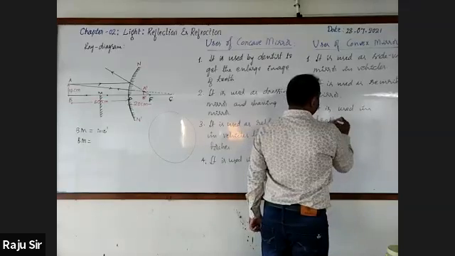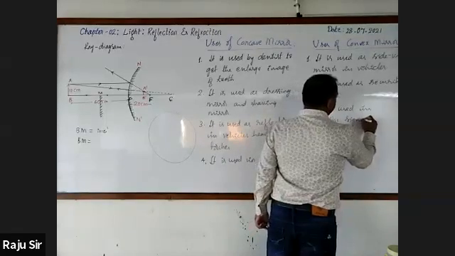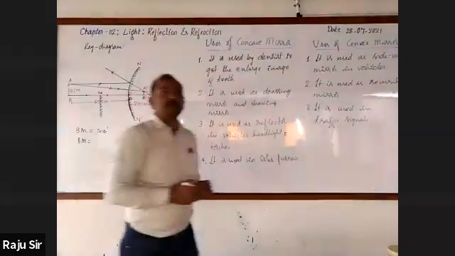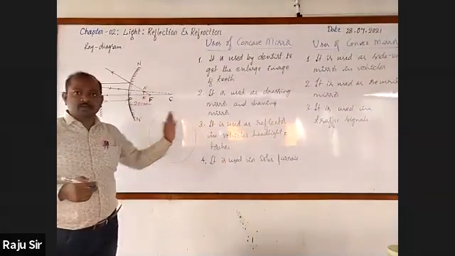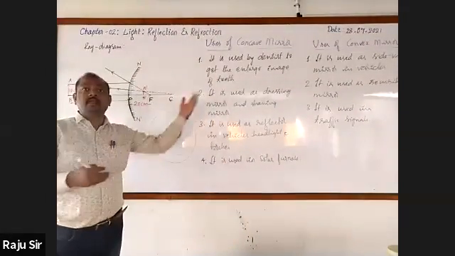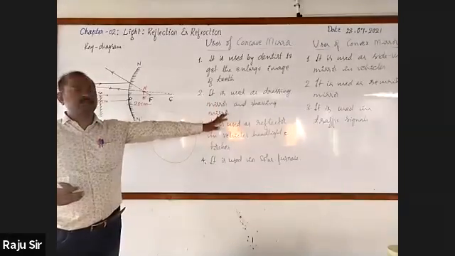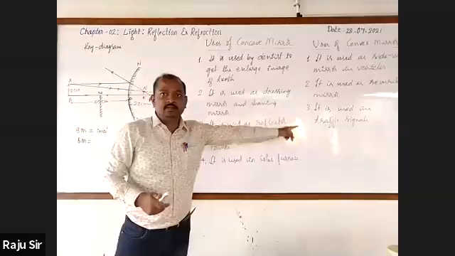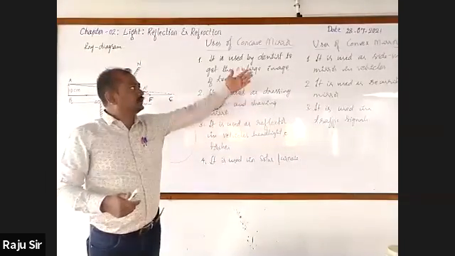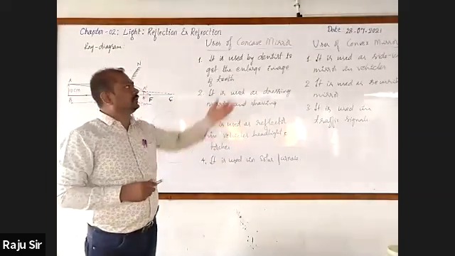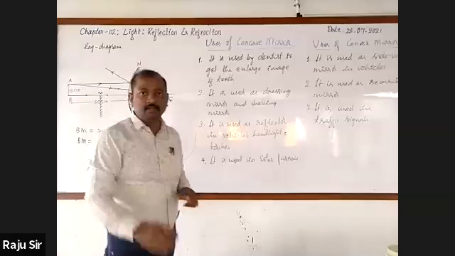Why is it placed? The reason is, as you are approaching, you get an enlarged image of the other vehicles which are coming, so that accidents can be avoided. That's why it is placed. So these are the three important uses of convex mirror.